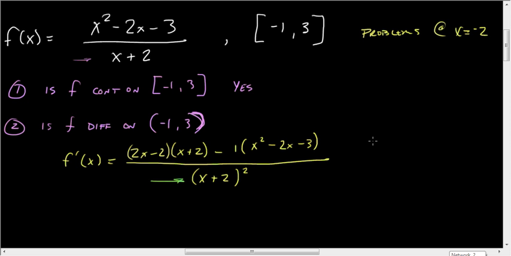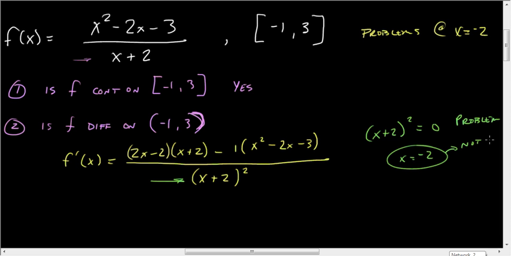So when x plus 2 quantity squared equals 0, we have a problem, which means that x is equal to -2 again. Well, this is not in the open interval (-1, 3), so we don't have to consider it. So now if we look at it, then yes, it is. So we can answer that with a resounding yes.